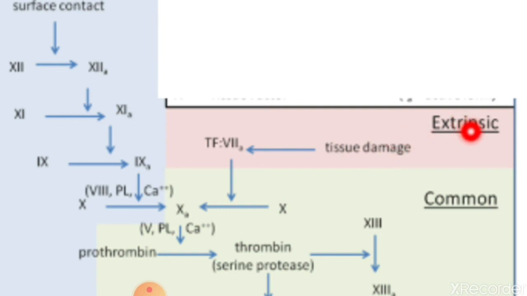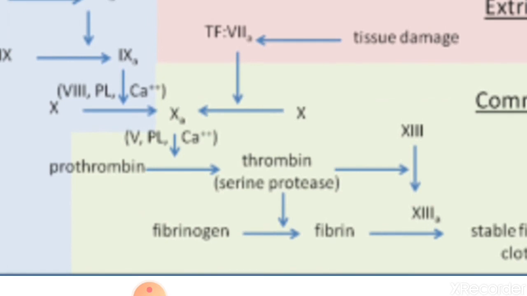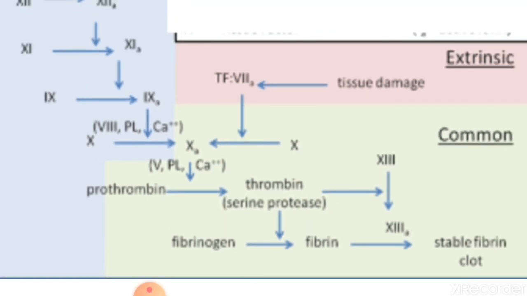Now, regarding the extrinsic pathway, when there is tissue damage, it causes activation of factor 7. Activation of factor 7 causes activation of factor 10. So at this step, in the intrinsic pathway and extrinsic pathway, when we reach the activation of factor 10, here we have what we call the common pathway, because in both pathways the last step is activation of factor 10.